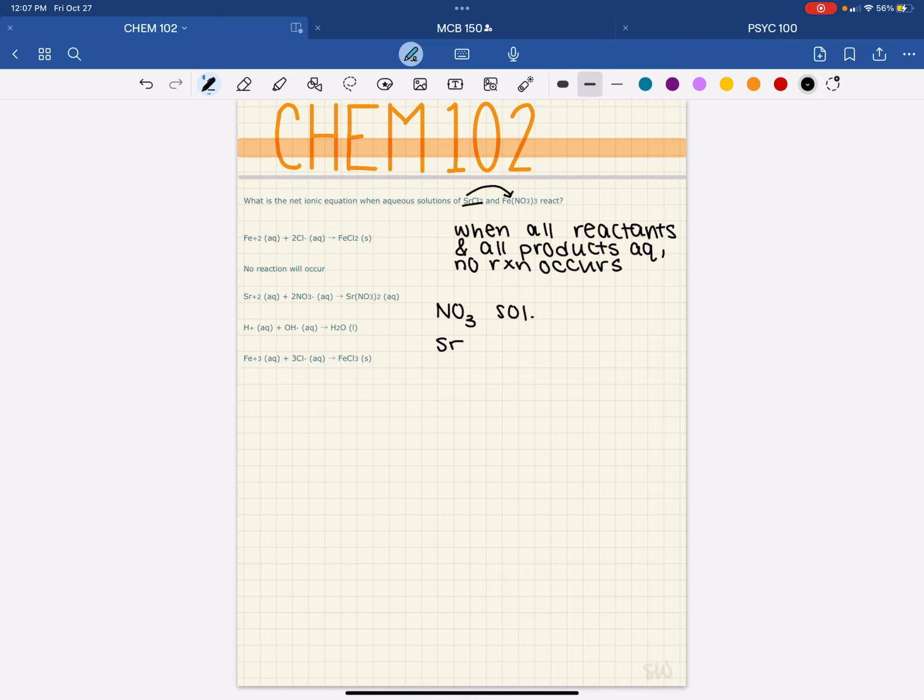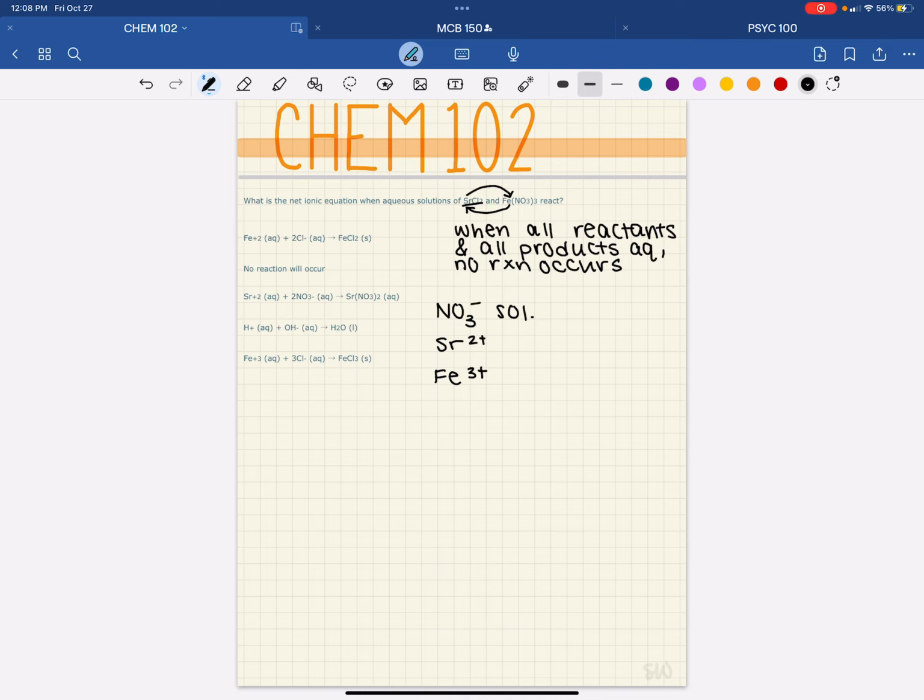And we remember from one of the previous questions, chloride is soluble in almost everything except for silver, lead, and mercury. Because iron isn't silver, lead, or mercury, our iron is going to be soluble as a 3+ ion.